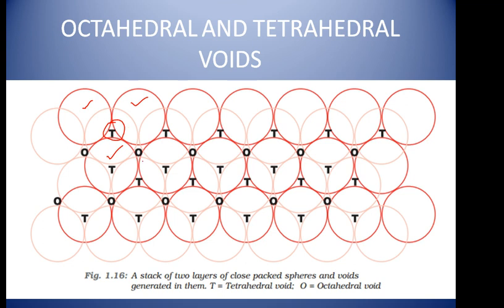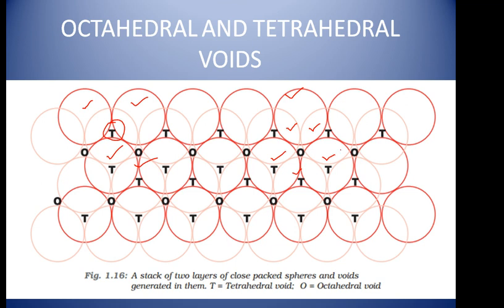But in octahedral, what happens here? In the first layer, the light red one, the first sphere, second sphere and third sphere make a triangle, and then above that the deep red ones, the first, second and third. So in the first layer there are three spheres, and in another layer also there are three spheres, but these two triangles are inverted.